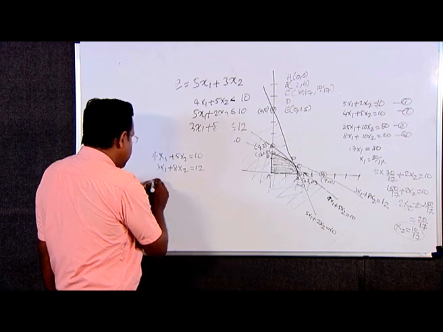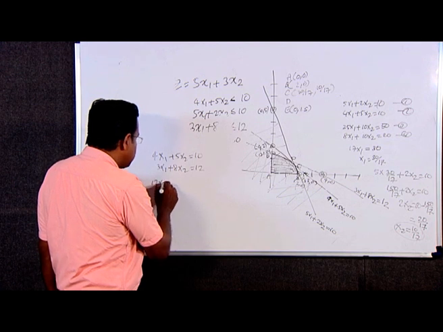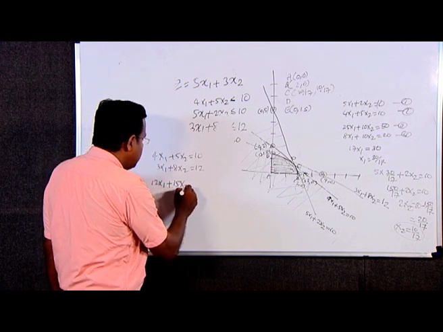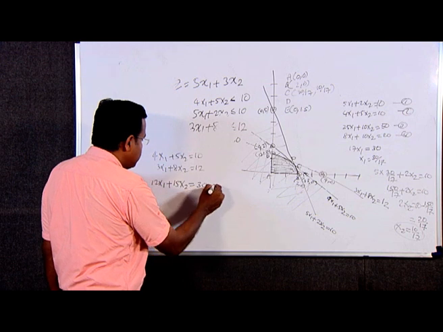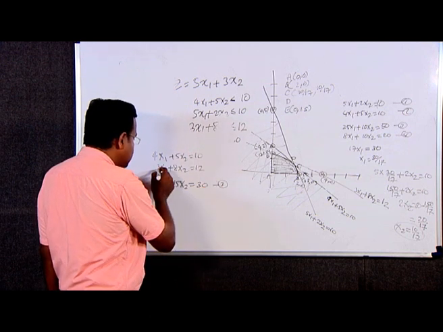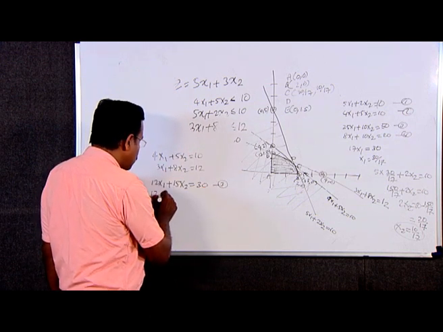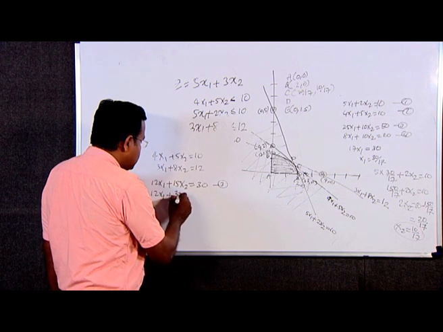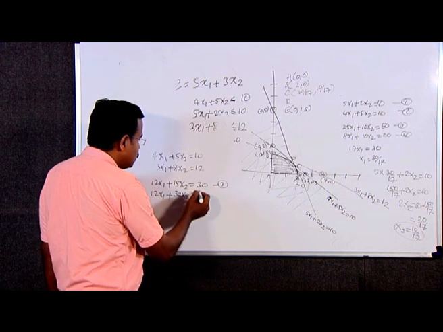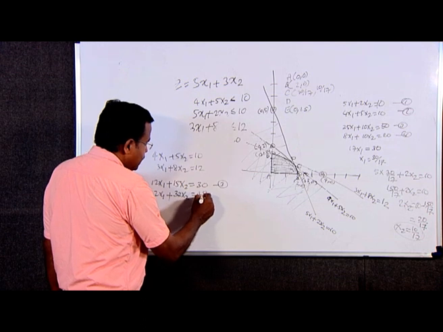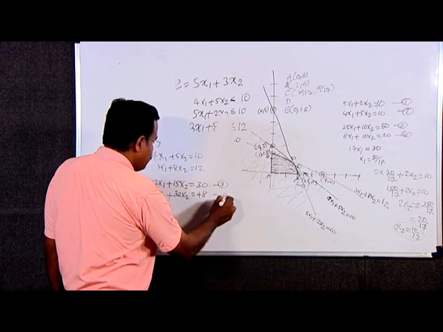Multiply the first by 3, that is 12 x1 plus 15 x2 equal to 30, that will be 3. Multiply the second one by 4, that is 12 x1 plus 32 x2 equal to 48, that will be 4.